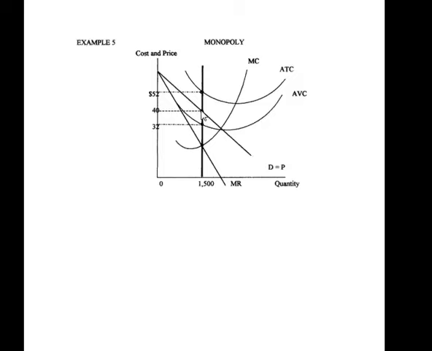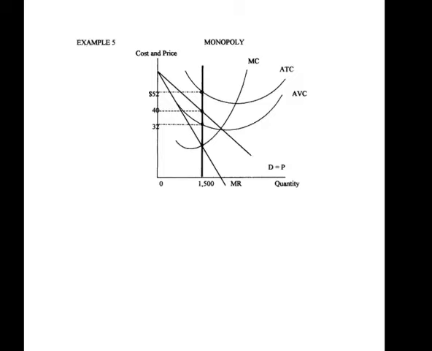Here's where 1,500 is associated with the demand curve, which is the price that we're willing to pay for those 1,500 units. In this case, let's call it $40. And then if you keep going up, this is the average total cost for each one of those 1,500 units, which we'll call $52.